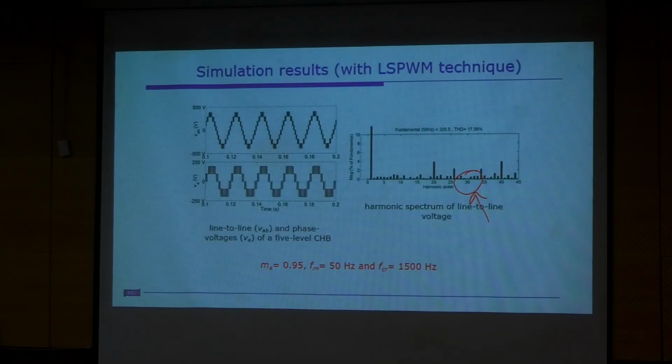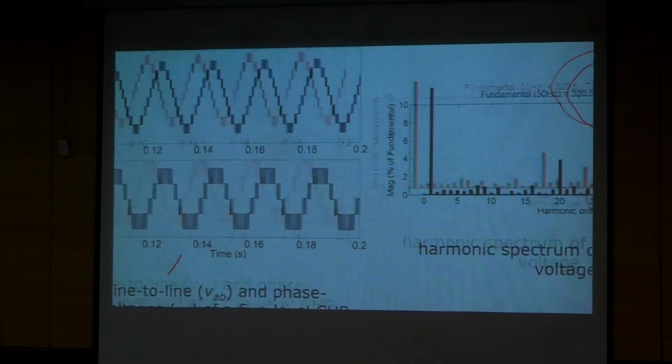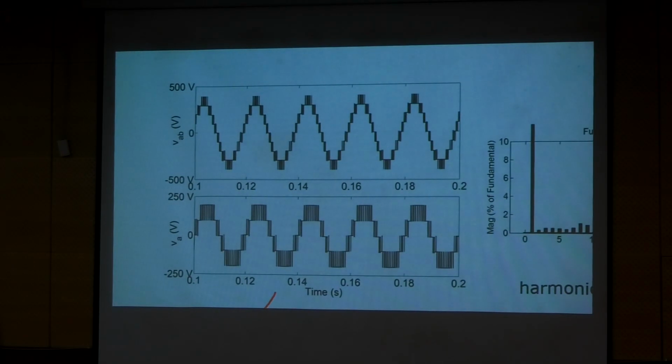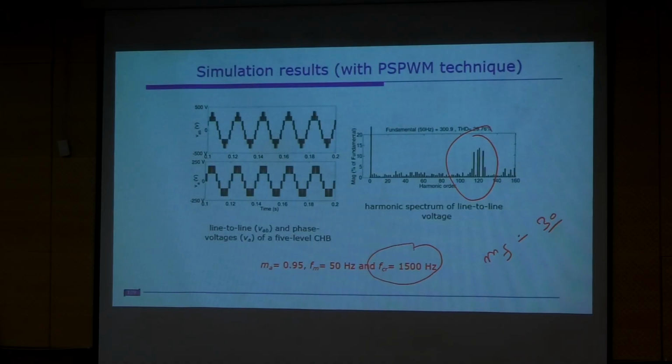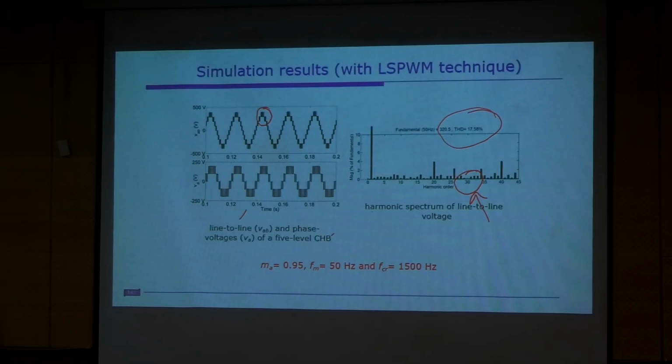But if you compare, the THD is just 17.58 compared to the phase shift PWM technique, and the waveforms are much closer to a sine waveform. You can see the waveforms are much cleaner in case of level shift PWM. Why? Because if you observe the changes here, this extra thing is there, and if you see this one, it is a clean waveform. That middle portion is completely absent.